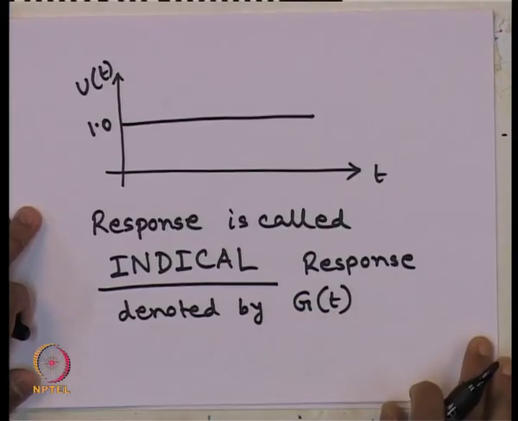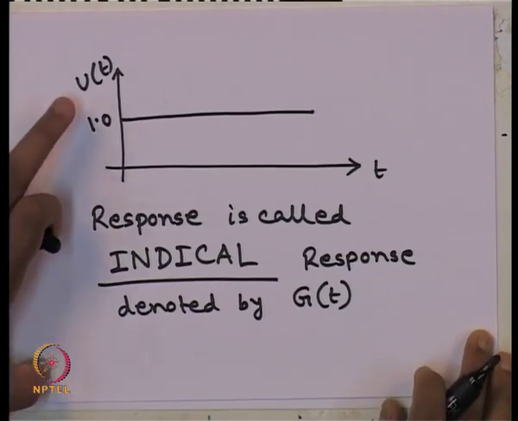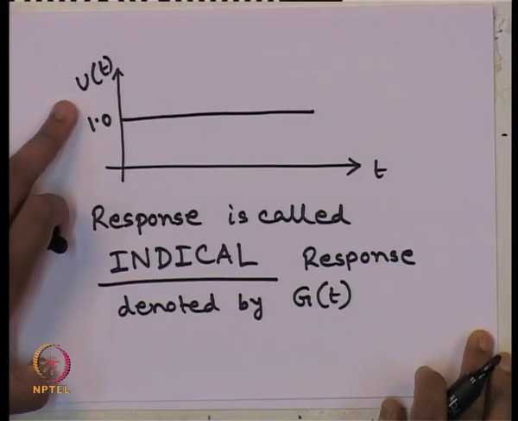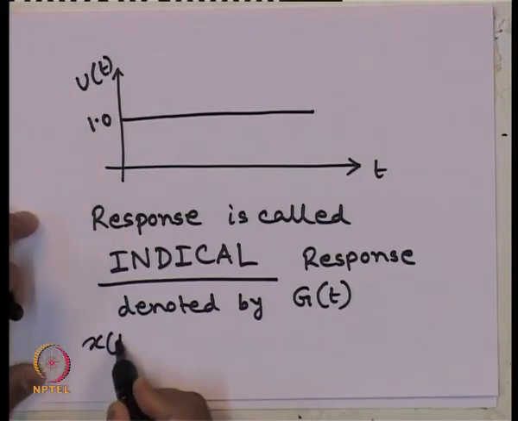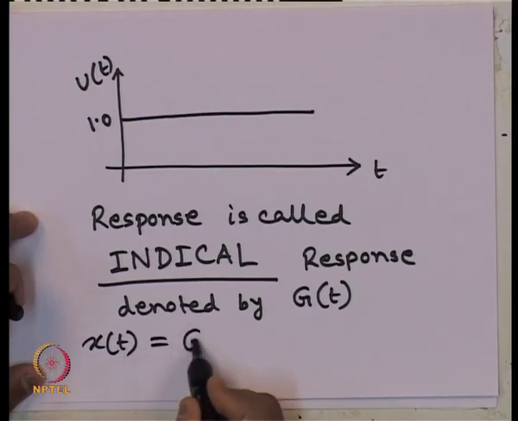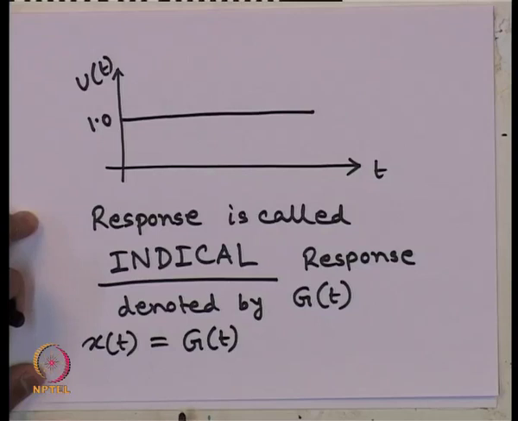What does it mean? If a single degree of freedom system is subjected to a Heaviside step function u of t, then x of t is called the indicial response function and denoted by g of t.